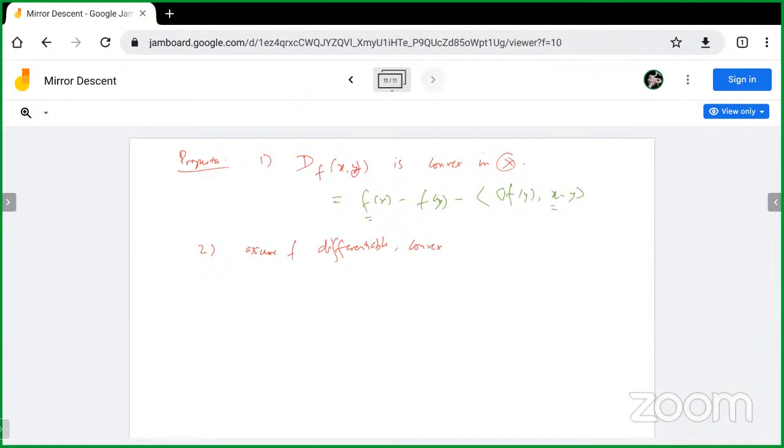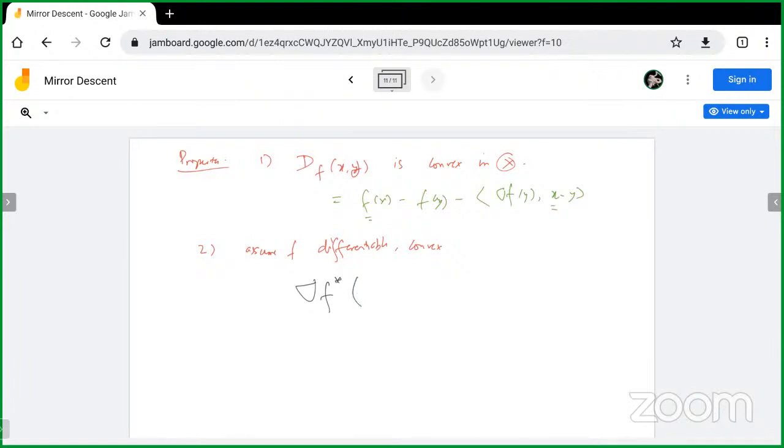Now, remember, I want to understand the interplay between this Bregman divergence and the Fenchel dual from earlier. So let's see that now. The gradient of f star at... let us recall this.